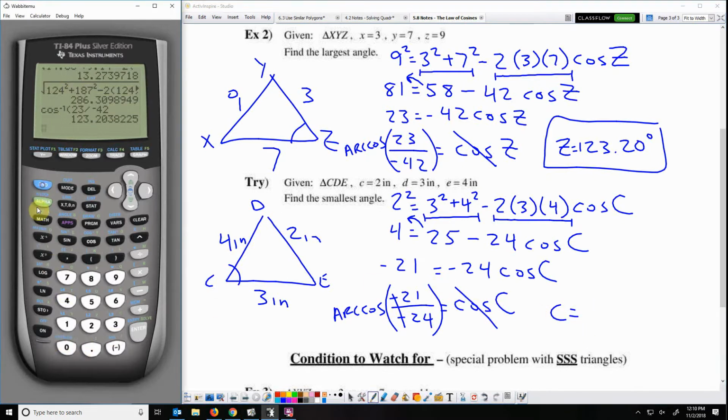So I can put in second cosine, 21 divided by 24. And if you never did cancel out those negatives, and you just type in negative 21 over negative 24, that's okay. The calculator knows that's exactly the same thing. So I get 28.96 degrees for angle C.